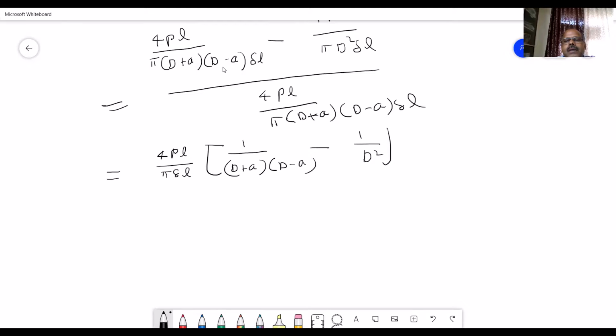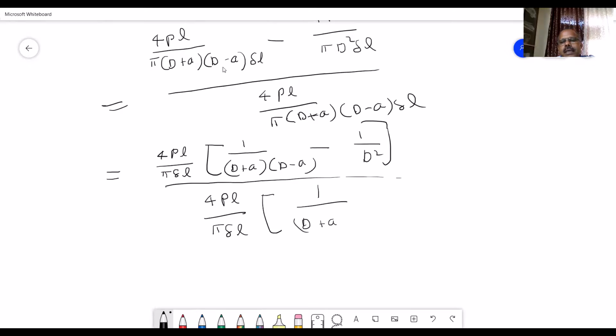In the denominator, we can also take 4PL divided by pi delta L outside, so the remaining will be 1 upon D plus A into D minus A.